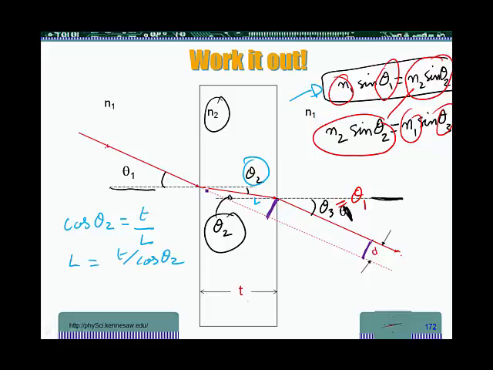Let's consider this other triangle. The hypotenuse is L again for the triangle, but the opposite side is D. It still has the angle. Okay, actually, let me be careful. Let me erase this.